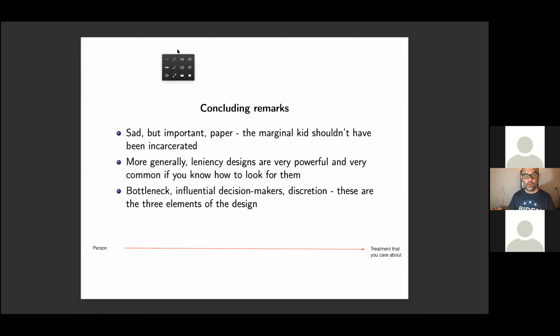But here, it's based on a wheel of decision makers, right? And you've got Judge A, Judge B, Judge C, Judge D, all the way to judge 56. You've got all these judges.